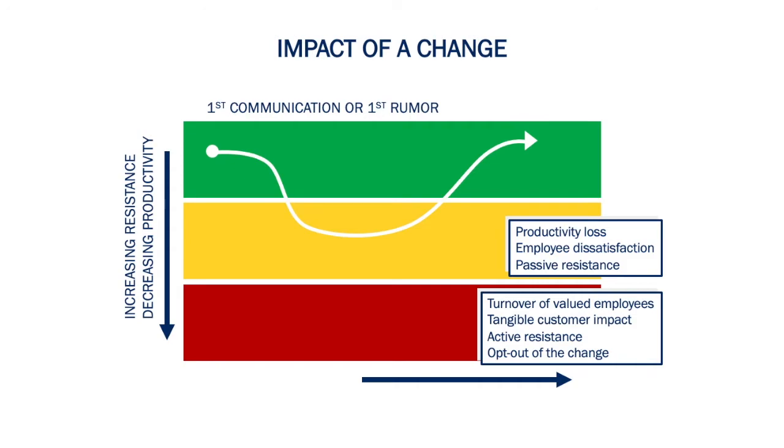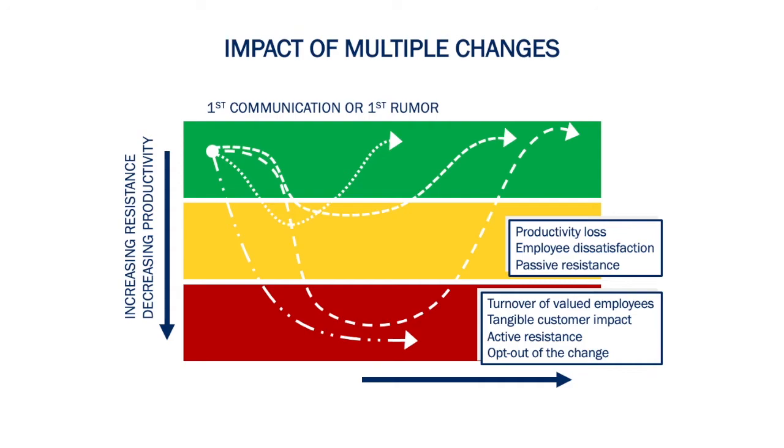You can see the white line of the impact of one change. And when you have multiple changes happening at once, it can cause some changes to fail and can increase turnover, can have negative customer impacts, and create undermining and active resistance. That's why it's important to plan strategically as you implement any change.